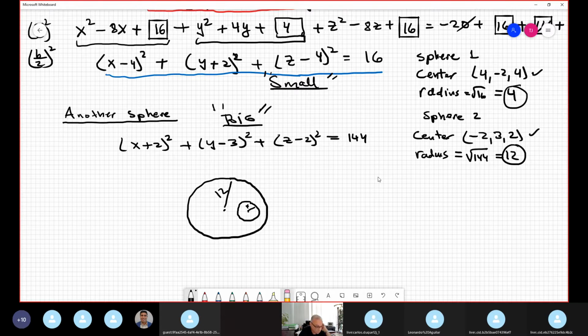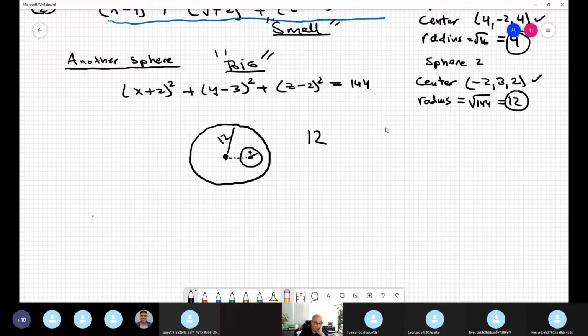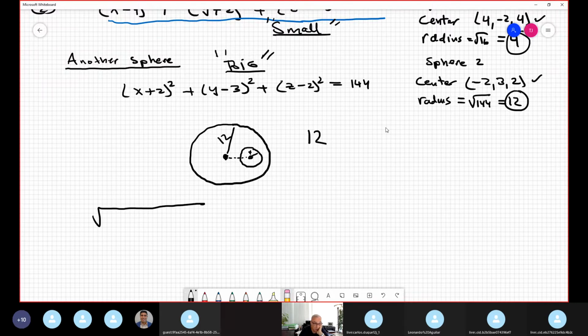Well, let me try to prove by contradiction. The radius of the big one is 12. Now I want to find the distance between the centers, and compare it. The distance between the centers is the square root of the distance between center 1 and center 2.